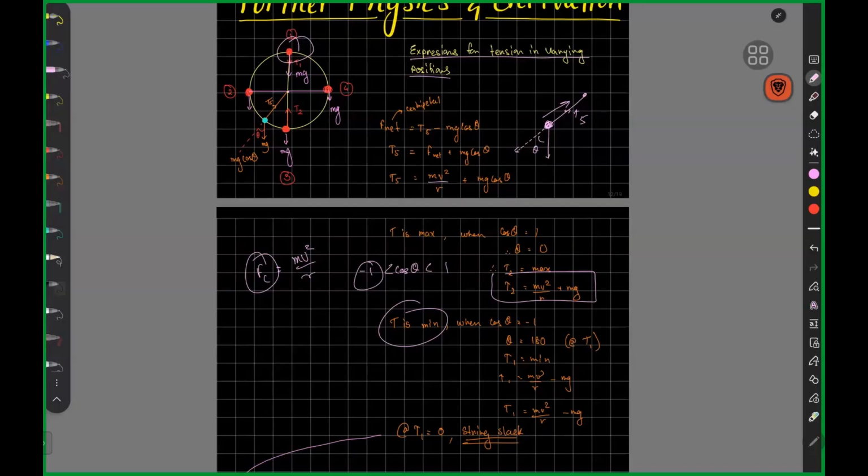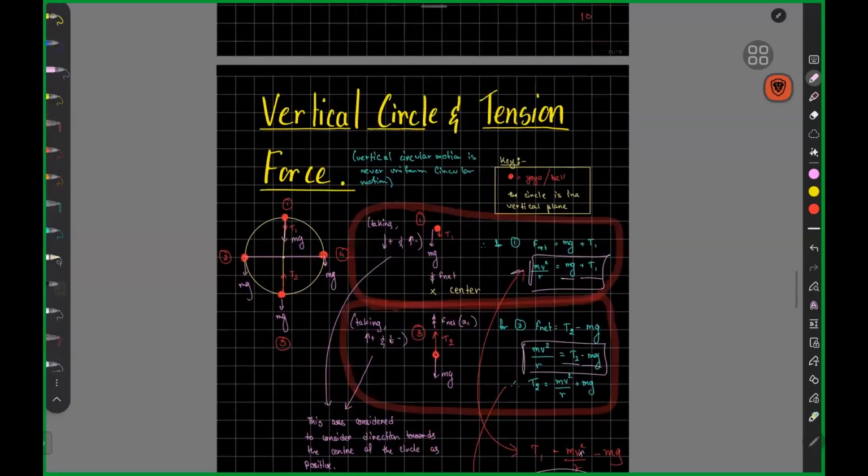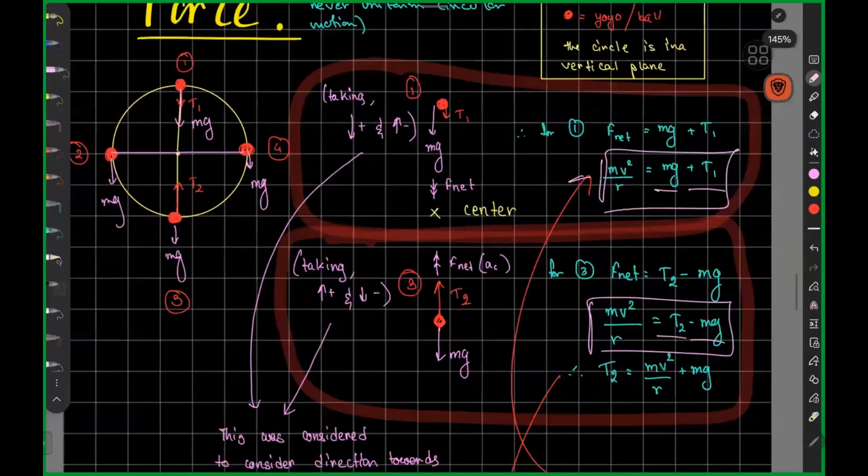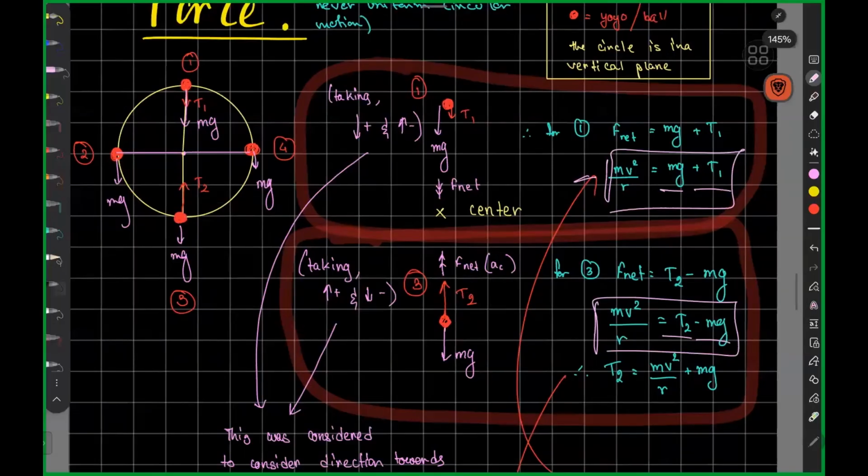Just by seeing these variables, it is very hard to grasp what my centripetal force is in this position. It is mv squared over here, it's mv squared over here as well. I don't understand what's happening. So when you work with numbers, then it becomes easier to understand. Okay, this is why, since tension is so little over here, my centripetal force is less.